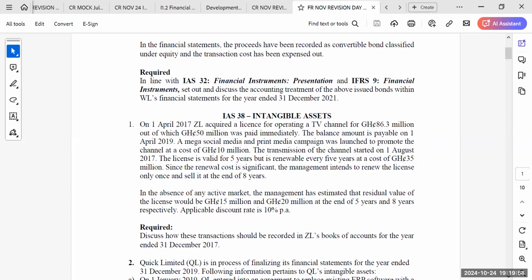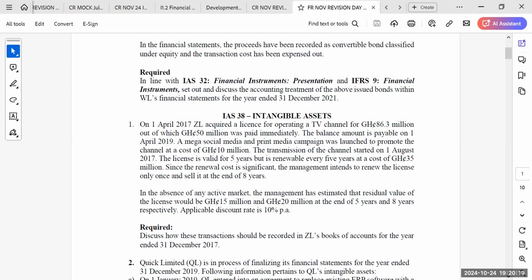So the advertising is not part of the activity necessary to bring the channel to the situation where we can start using it. No, we can use the license or we can start operating the channel, the TV channel, without advertising it.